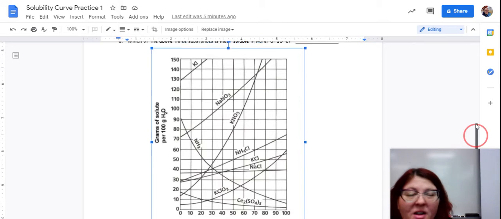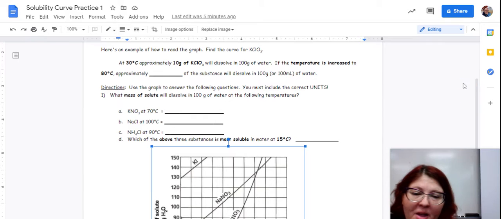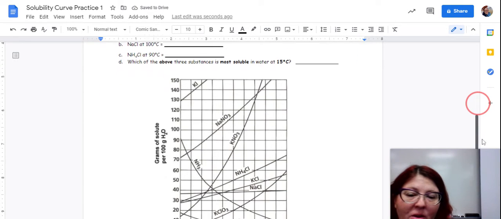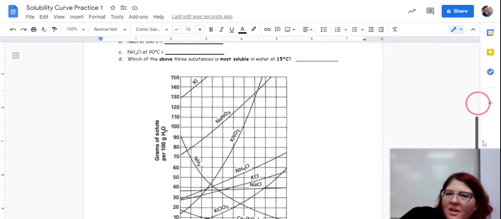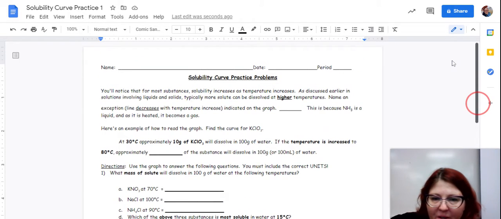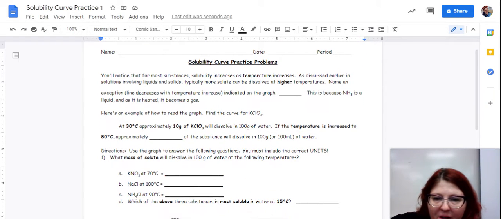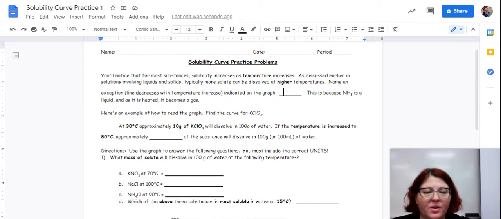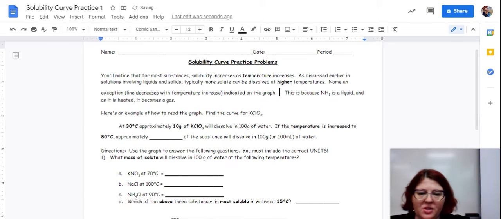Gases dissolve less easily in hot water than cold water. We're not too worried about that, but I want you to know that's why those lines are pointing down. So for the question asking you to name an exception, a line that decreases with temperature increase, I'm going to fill it in for you right now. It's NH3.